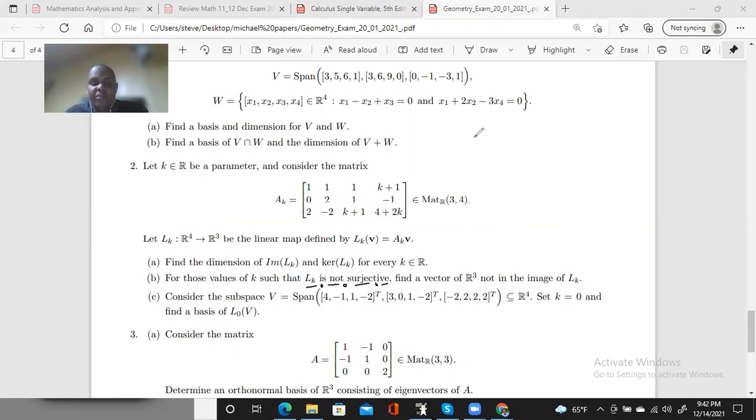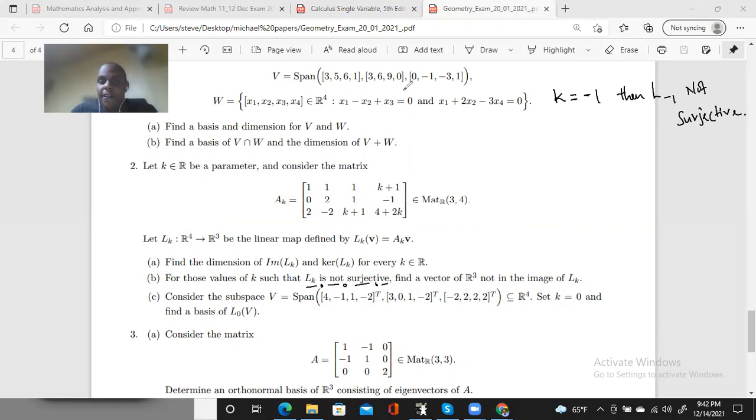And we also found out that if k is equal to -1, then L -1 is not surjective, right?